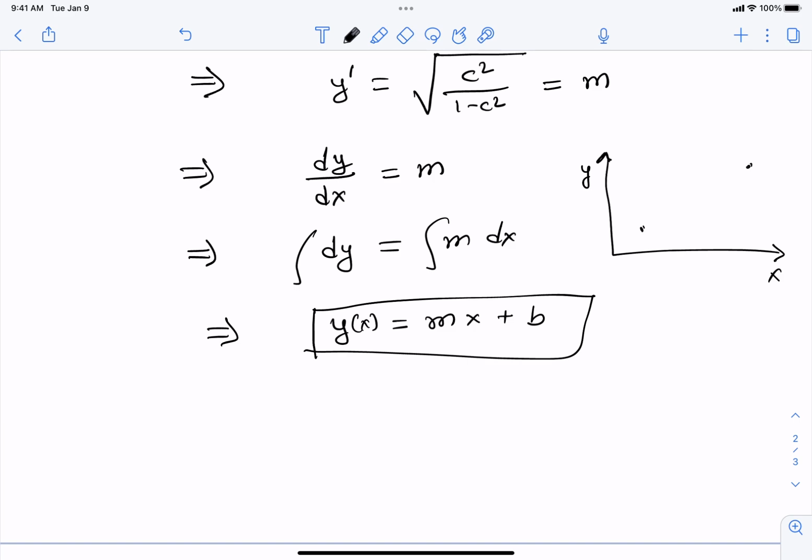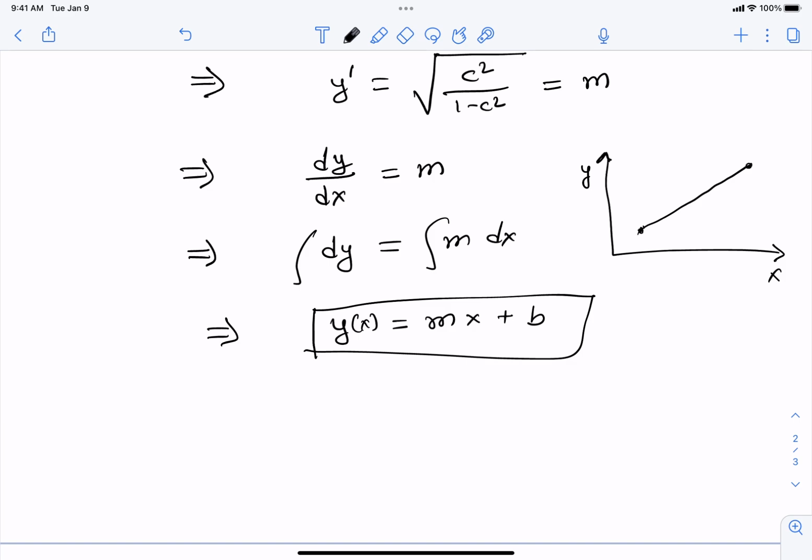Now you might already know this. This is simply a function of a straight line. So on a plane, the curve that joins 2 points and has the shortest length is the straight line. We already know this. So right now all we did was we used the Euler Lagrange method to find the shortest distance between 2 points. Okay, we already know this.